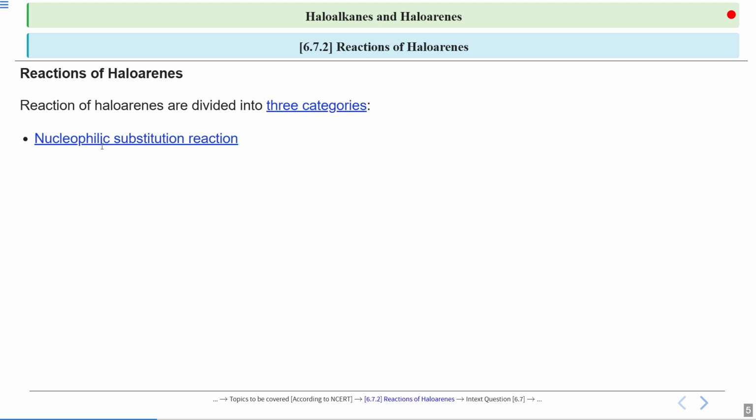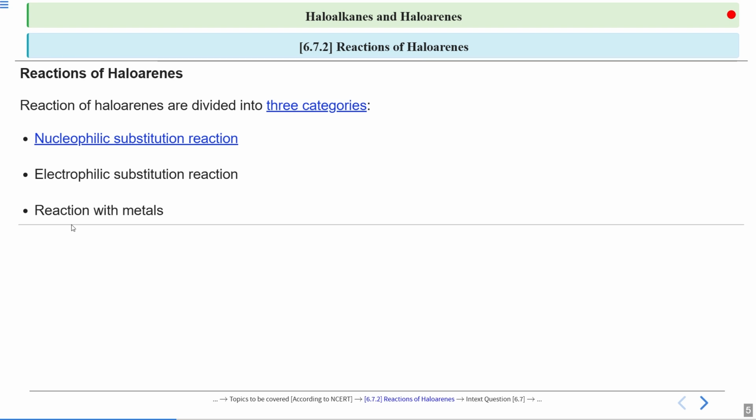The second category is electrophilic substitution reaction, and the third category is reaction with metals.